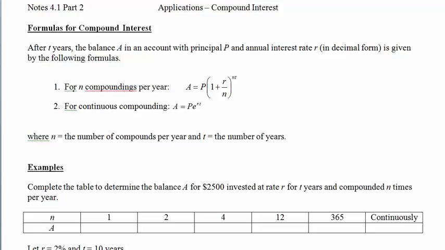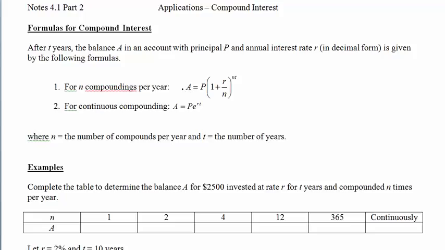If the bank is going to compound your money n times per year, meaning that if they stop after 6 months or every 4 months and calculate your interest, this is the formula that they will use to calculate that amount of interest.